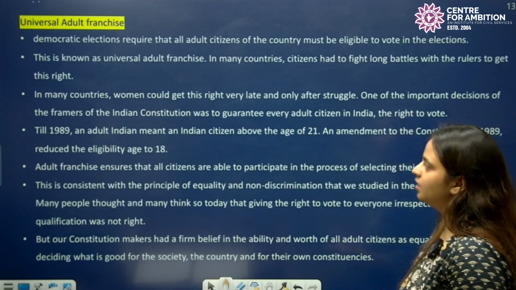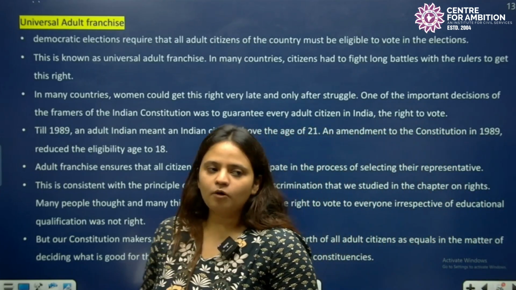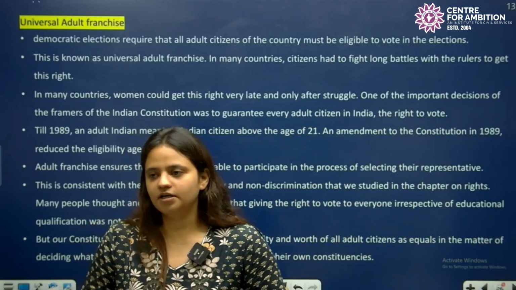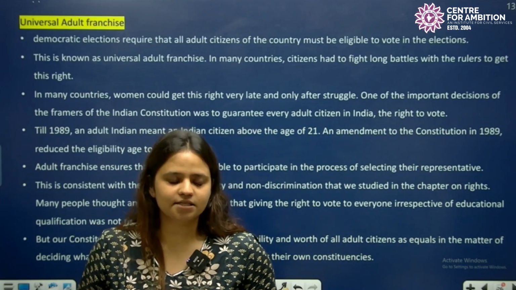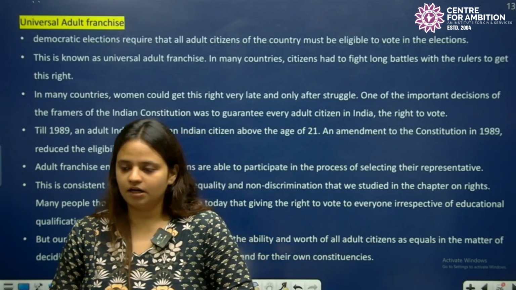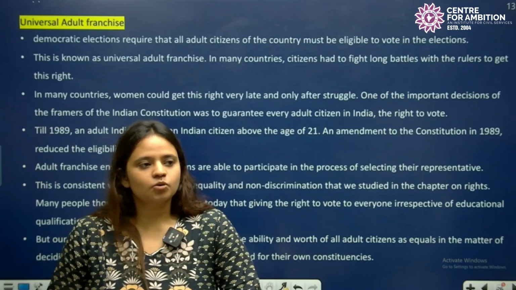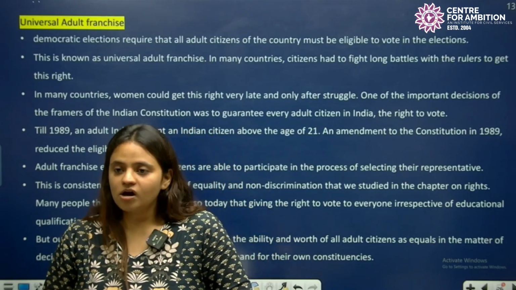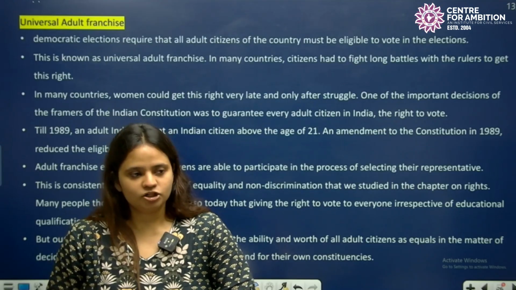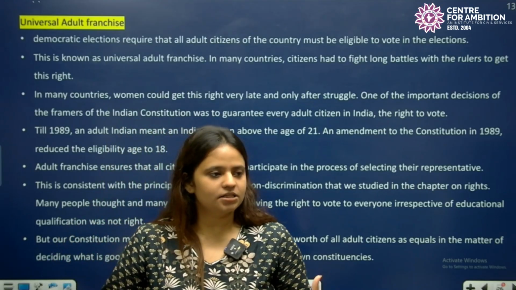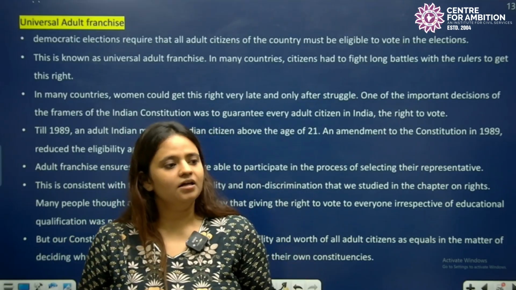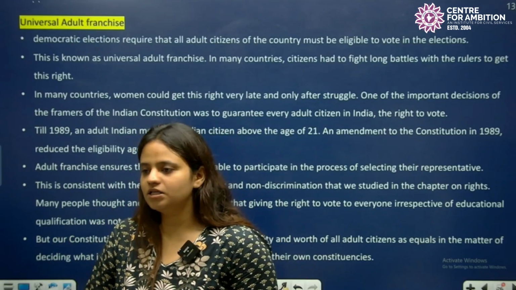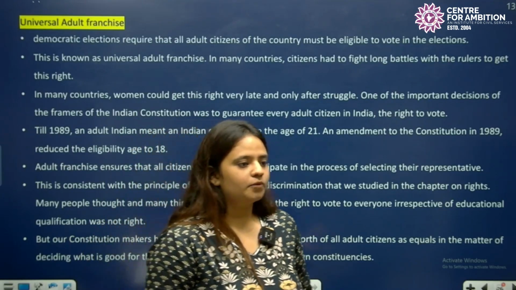Universal adult franchise, I have also discussed in the second chapter, which is rights in the Indian Constitution. So what is universal adult franchise? It means that all adult citizens are eligible to vote and to contest elections. They can elect a political party so that it can form the government.